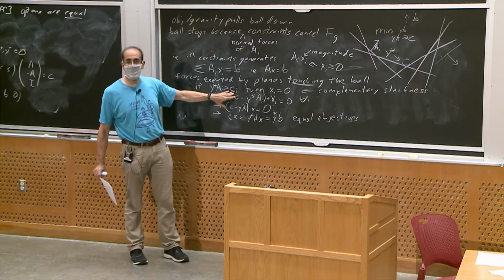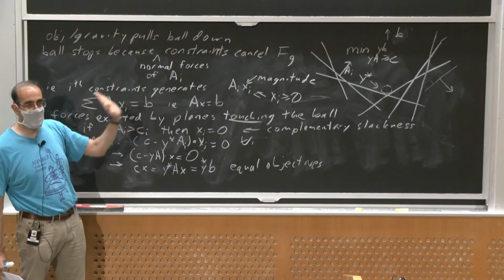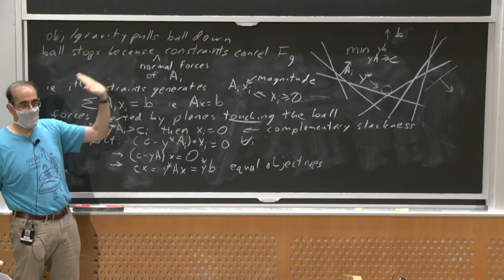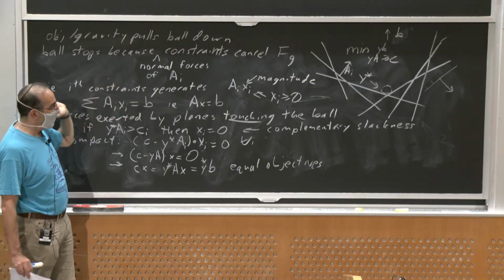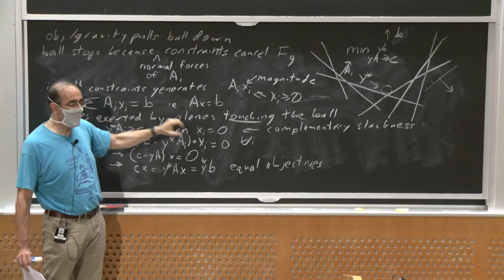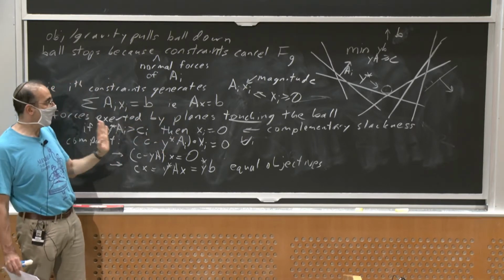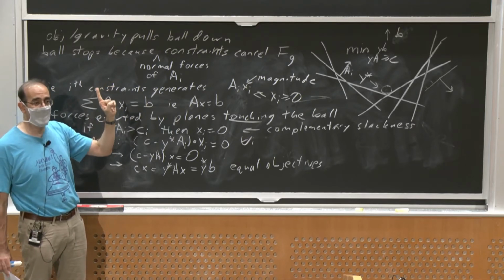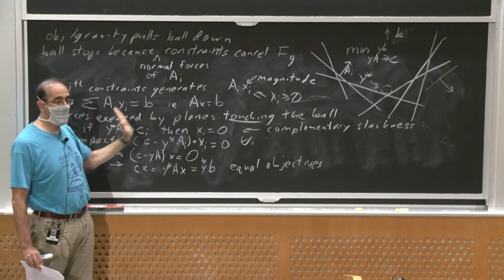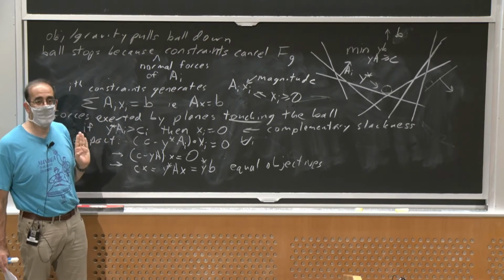If I change c_i by a little bit, if I move the hyperplane, that's going to change the value of the optimum, right? And what the x_i's are measuring is how far the optimum is going to move, how much higher it is going to get, when I move the constraint by a certain amount.